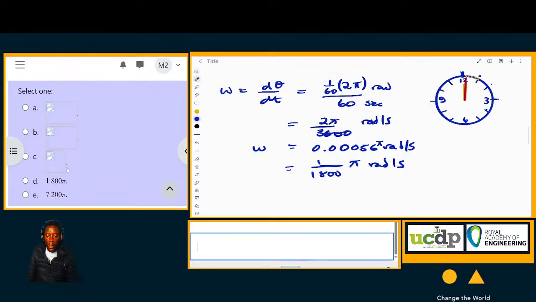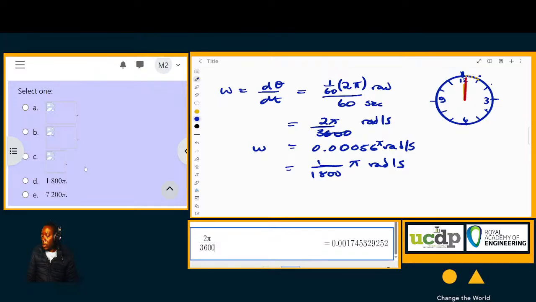So here we've got π over, okay, so that's π over 3000. 2π over 3600. 2π over 3600.